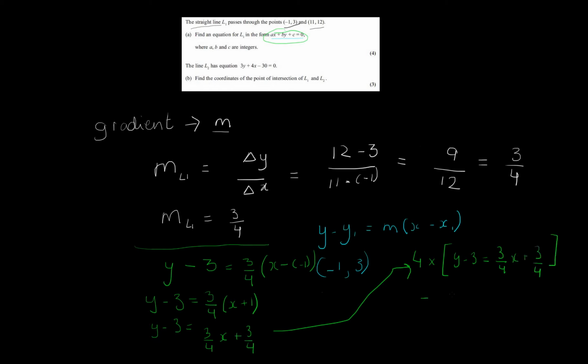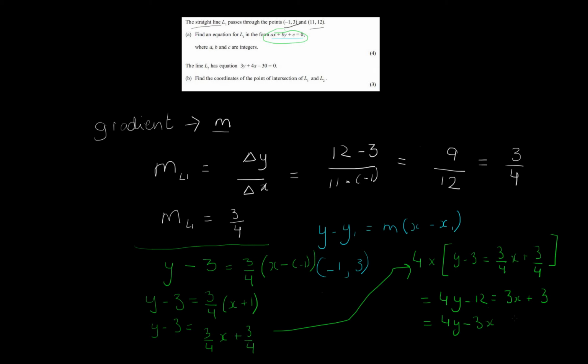And now that just equals 4 times y, 4y, 4 times 3, minus 12, equals, now 4 times 3 divided by 4 is just 3x. And then here it would be a 3 again because the 4s cancel out, plus 3. Now we can just rearrange. So this becomes 4y minus 3x, and here, because we subtracted 3x from both sides, we have a minus 12 here and a positive 3 here.